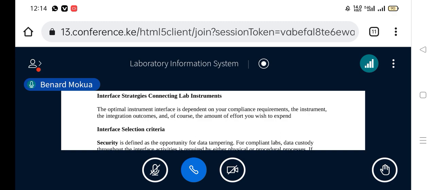We discussed what a system is, what an information system is, qualities of information. We went up to the components of an automated laboratory information system, including the database and networking, that is communication. Now, in the second part, we have discussed the instruments. And you can see how we discussed it. I will prepare a handout up to where we have reached.